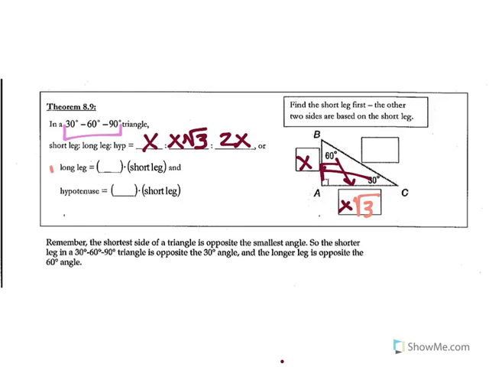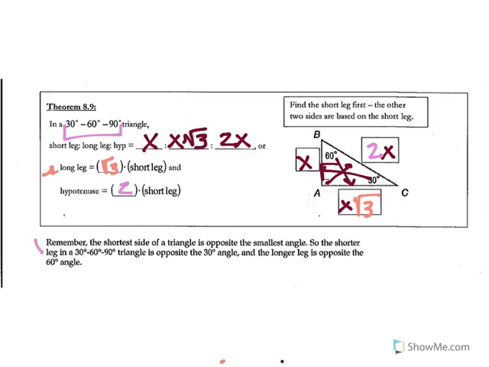So you can think of the long leg as equaling root 3 times the short leg. And then last but not least is my hypotenuse. Across from the right angle is going to be 2 times x. The hypotenuse is 2 times the short leg. Everything is referenced to the short leg.